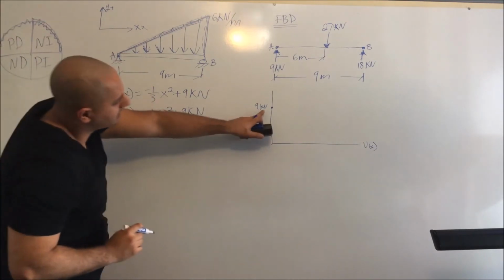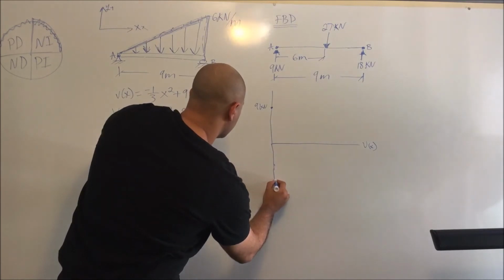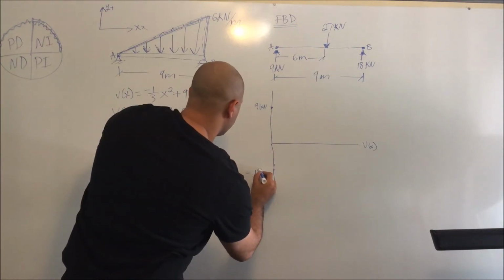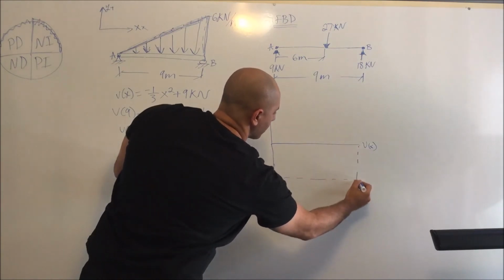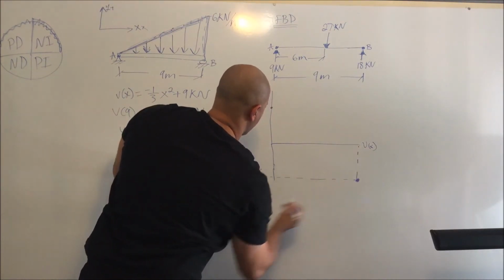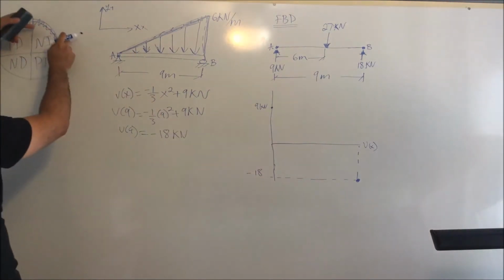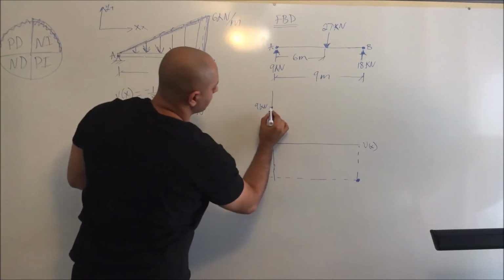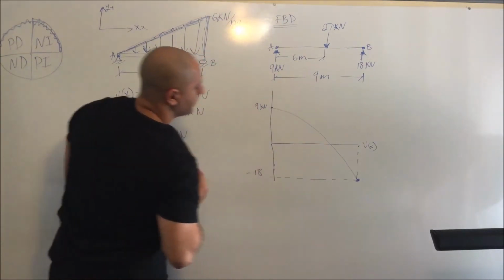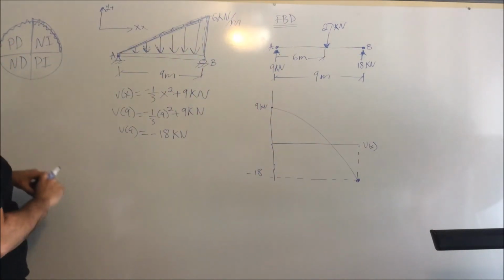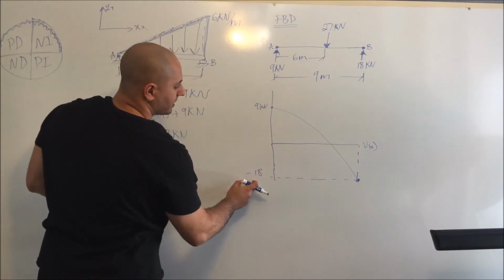So from this point to this point here, which we said was negative 18, somewhere from this point to that, this is the shape that you will have. So in my case, I will draw it down.